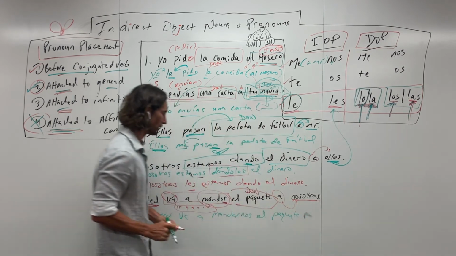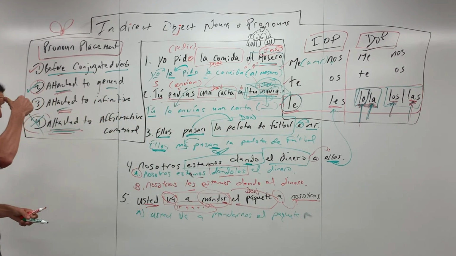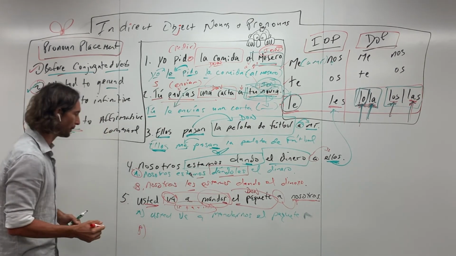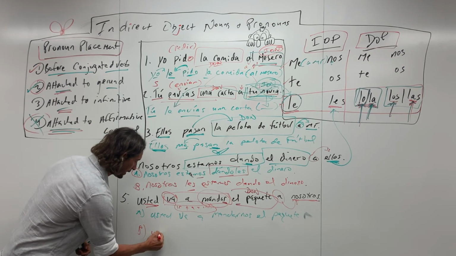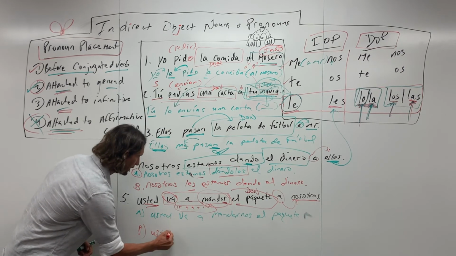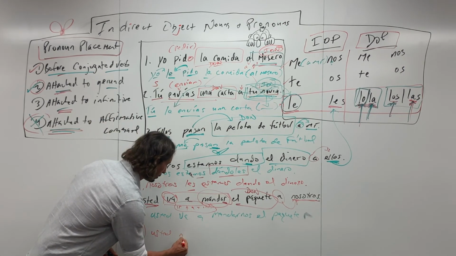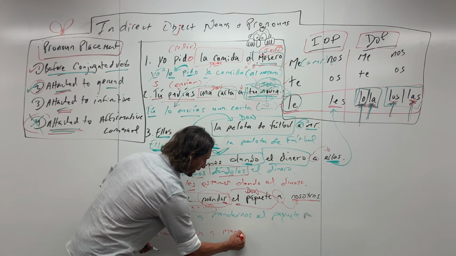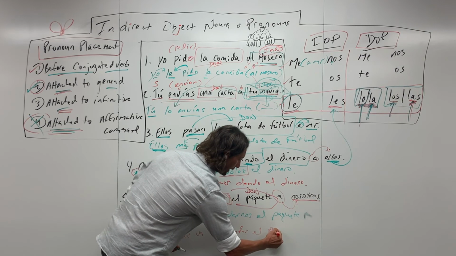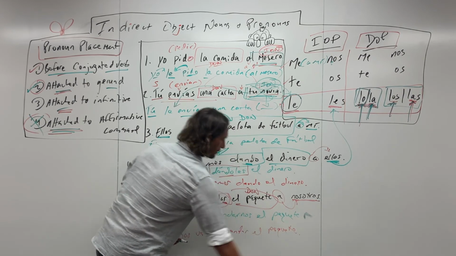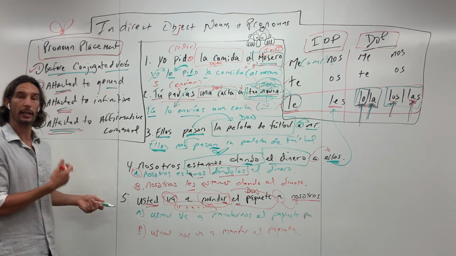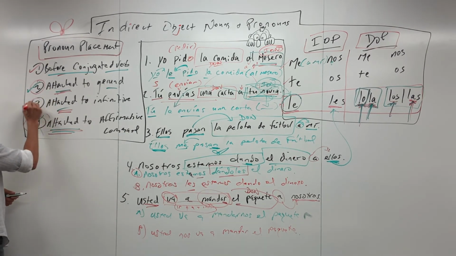We don't need a nosotros. Mandarnos, right? All right, and then we'll go with letter B here: usted nos va a mandar el paquete. So there you have it. So we have, again, on the other two options, here the infinitive.